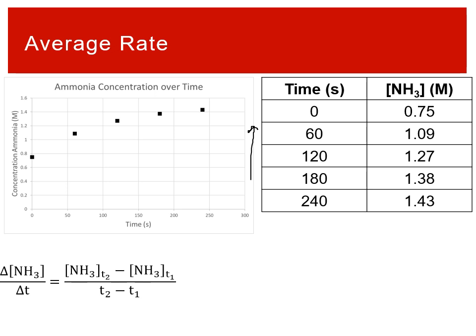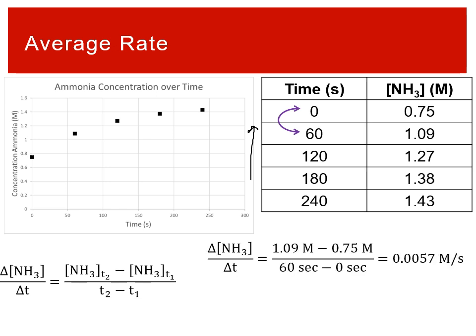So when we want to actually calculate these rates, what we would do is pick, say, 2 points. So we started at time equals 0 seconds and time equals 60 seconds. So we just did this over 4 minutes. So if we want to do the delta NH3, what we do is we take the 1.09, which is the concentration at the higher time, right?